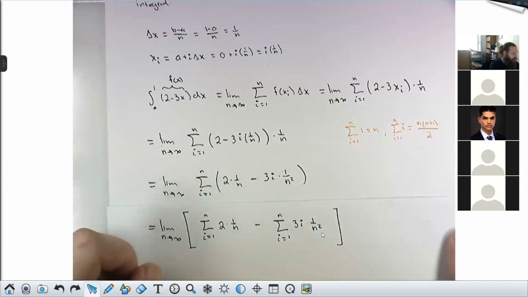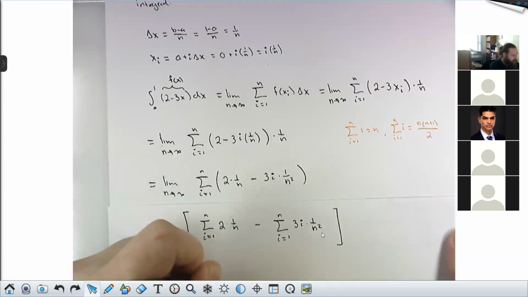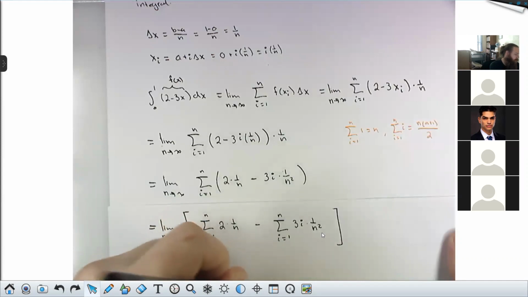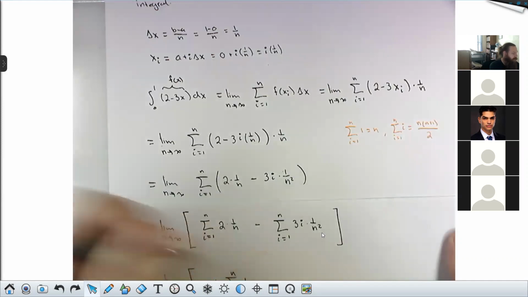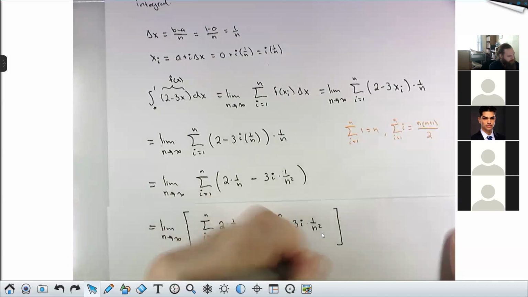Remember, if it doesn't have an i in it, it can come out of the sum. So I'd be looking at 2 times 1 over n times the sum from i equals 1 to n of 1, minus 3 times 1 over n squared times the sum from i equals 1 to n of i.